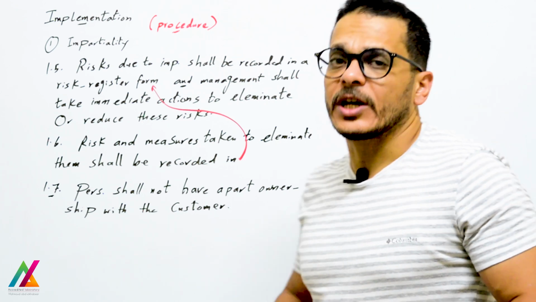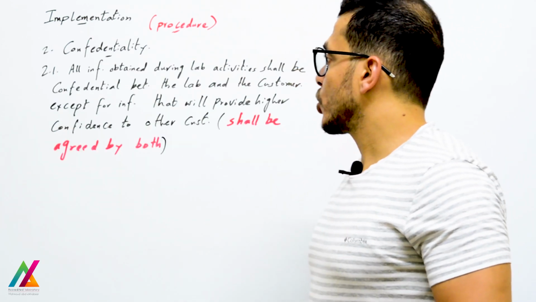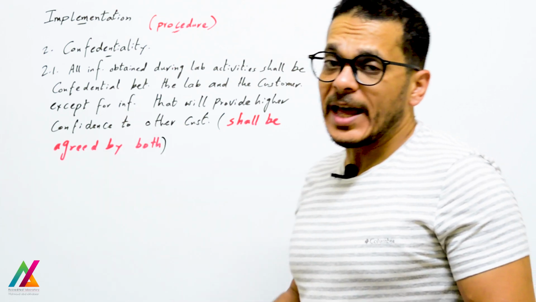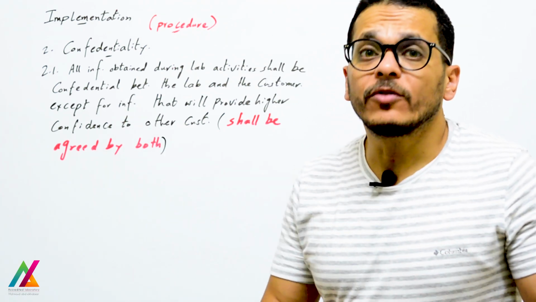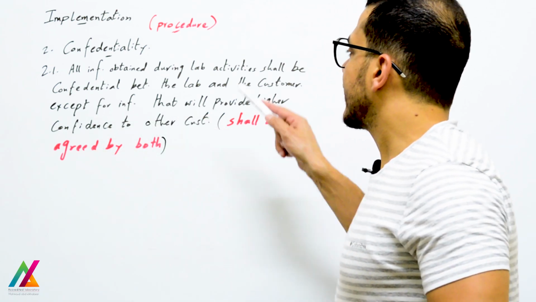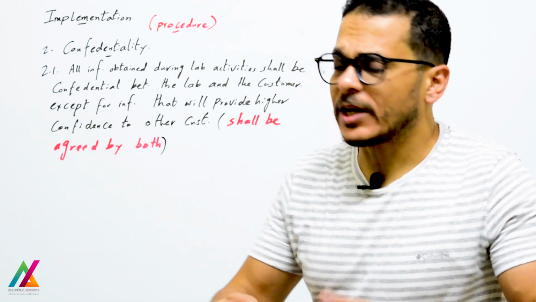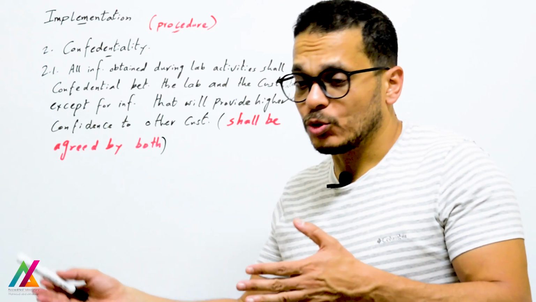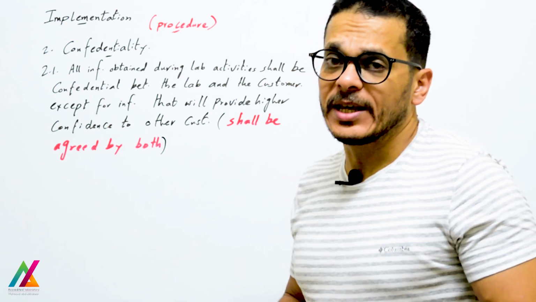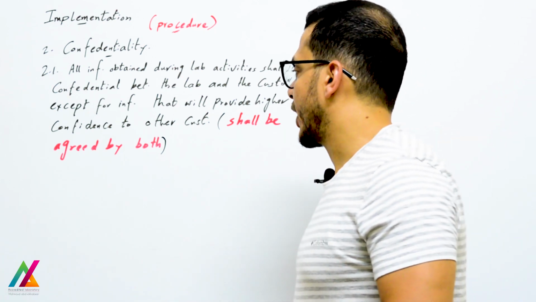ownership with the customer. Second clause in this procedure is confidentiality. All information obtained during lab activities shall be confidential between the lab and the customer, except for information that will provide higher confidence to the customer and that shall be agreed by the customer and the lab, and as I said, that will be written in a contract.